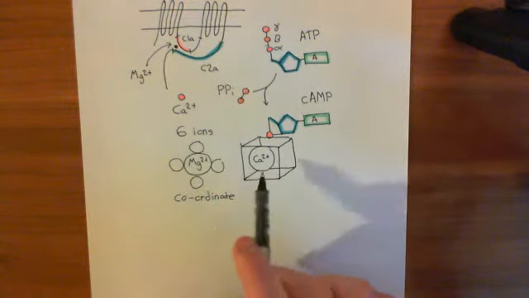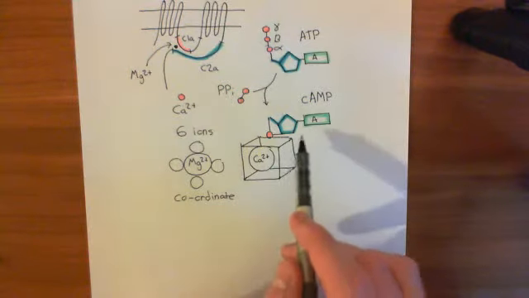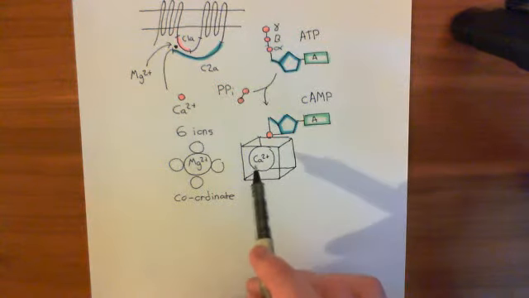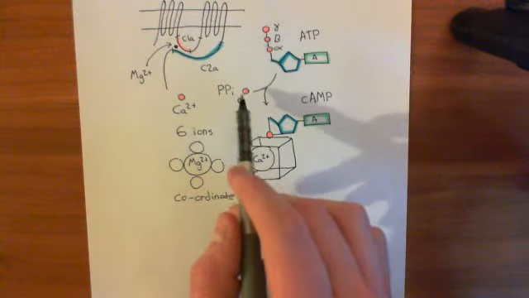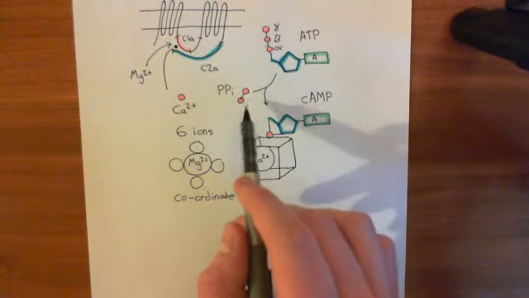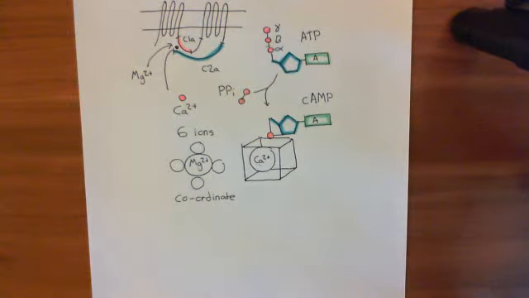Whereas calcium has 8 coordinate bonds. So you bring in these 6 things again, you fill up 6 of the sockets, but there's still 2 left. So the cyclic AMP goes off, but look, pyrophosphate, 2 things. One sits here, one sits here. They've got those 2 extra sockets around the calcium ion that they can sit in.